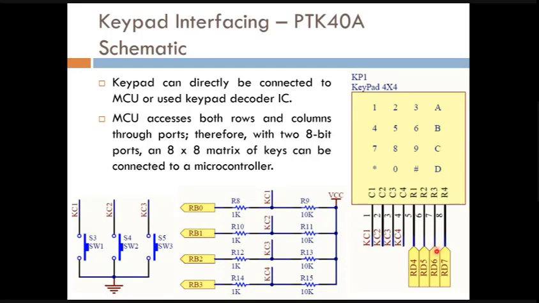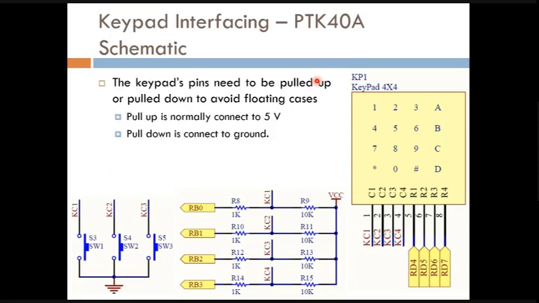For row, directly connected to the microcontroller, but for column, you need to put a resistor. And this one, KC1, KC2, KC3 is the switch 1, switch 2, and then switch 3. This is the schematic for the keypad used in K48.